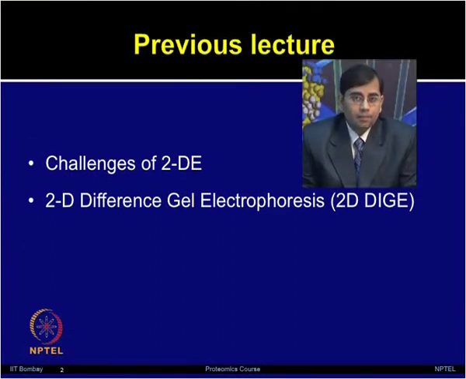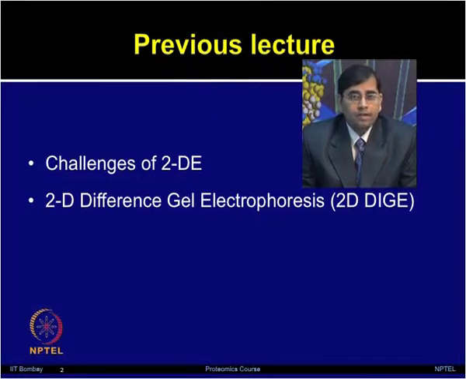I gave you a few examples of how sample preparation, different types of reagents, or even isoelectric focusing settings, all of those factors can contribute towards a very bad gel. So, if you have performed everything properly and all your reagents and protocols are good, at the end you can expect a good gel.